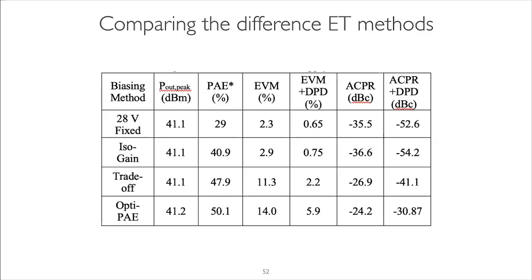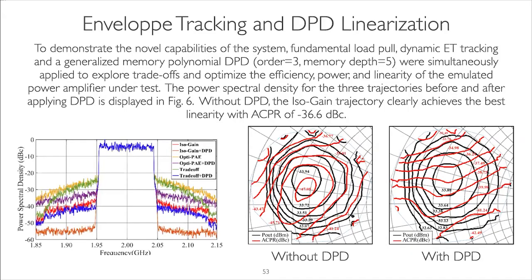So the final note here is, and I'm sure we'll have some more questions on this, I want to keep a bit of time for Q&A, we were also able to not only do envelope tracking, but apply DPD, NI's DPD linearization algorithms, not only at 50 ohms, but across frequency, across the impedance space.